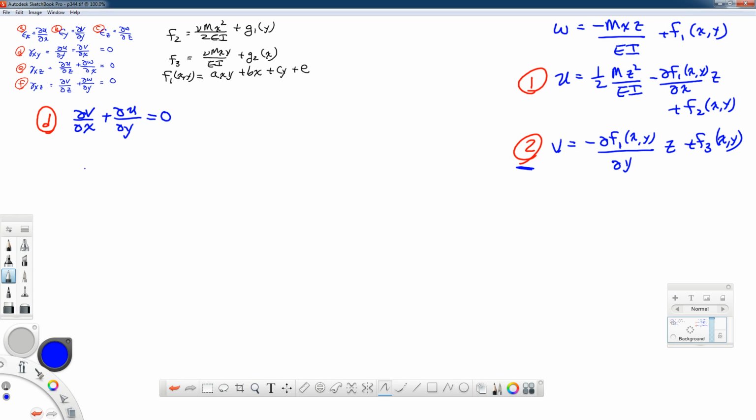So let's look at the partial derivative of v with respect to x. And we're going to look at equation 2 again. We're going to have a minus z, the second partial derivative of f1, which is a function of x and y, with respect to x and y.